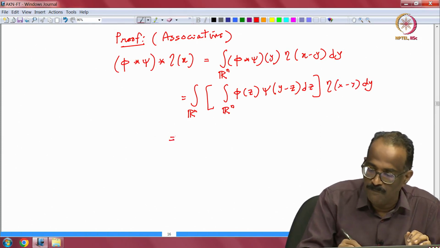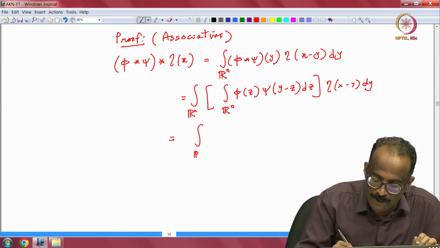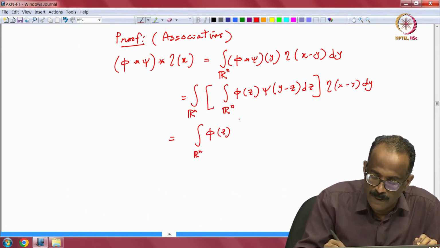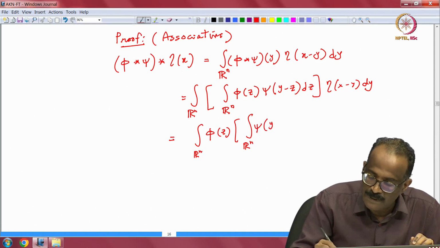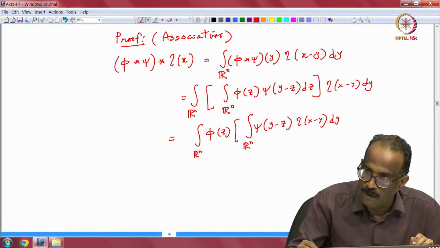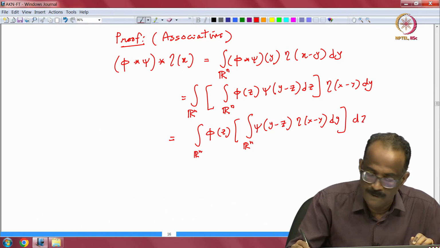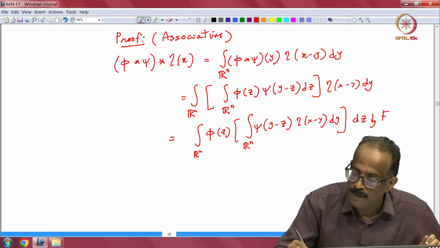If you apply Fubini, you get the integral over Rn of phi of z, times the integral over Rn of psi of y minus z eta of x minus y dy, dz. This is by Fubini, as and when it is true.